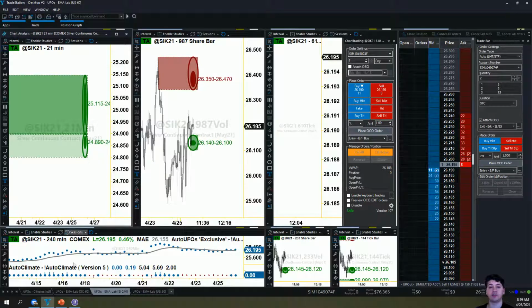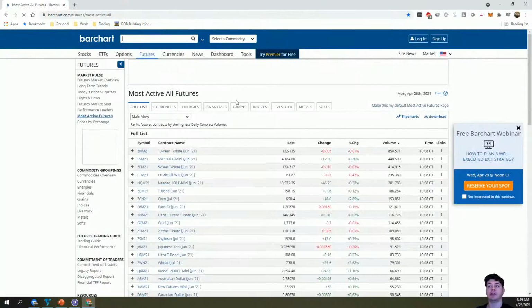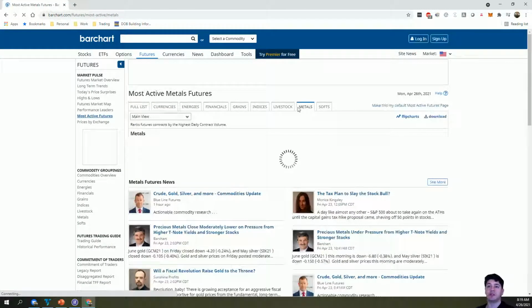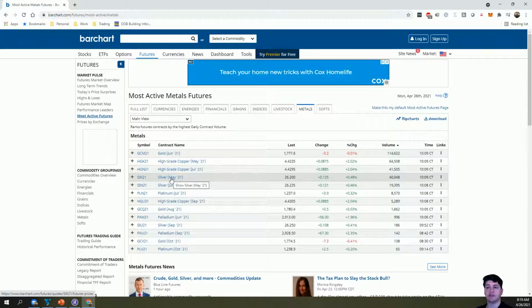Before we look at silver, I do want to make sure that I'm looking at the right contract for silver. So what we're going to do is go here and open up barchart.com, take a look at the metals, and just make sure that silver is still on the May contract.